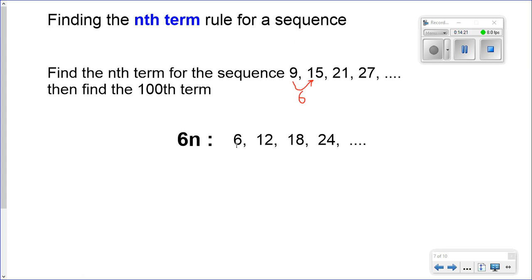Okay, so we've got 6, 12, 18, 24. Now let's compare this sequence to the sequence that we want. I'm going to write the sequence that we want underneath. So our sequence starts with 9, then it's 15, then 21, and then 27.